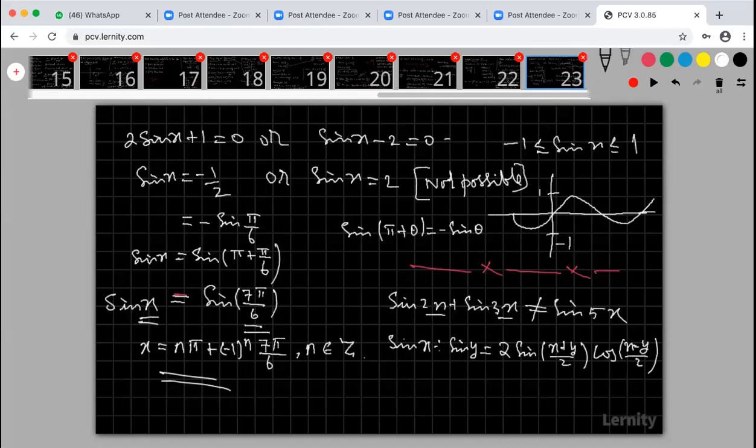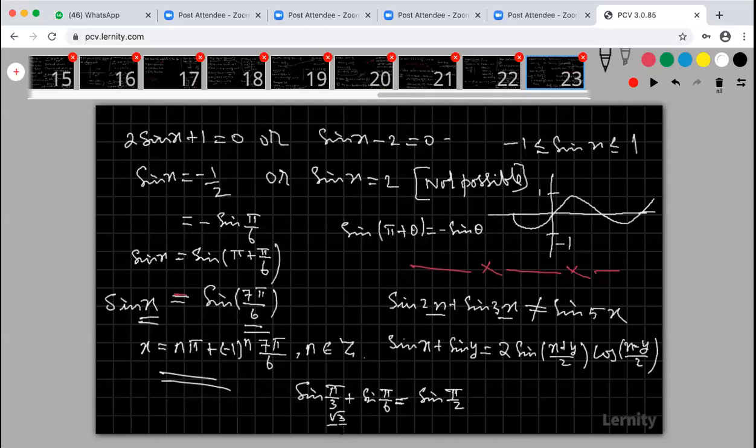This is not equal. For example, I'm giving sine pi by 3 plus sine pi by 6. What is the answer for sine pi by 3 plus sine pi by 6? That is equal to sine of pi by 3 plus pi by 6. What is pi by 3? That is 60. What is pi by 6? 30. 60 plus 30, it is 90. Is this true? Check that. What is sine pi by 3?